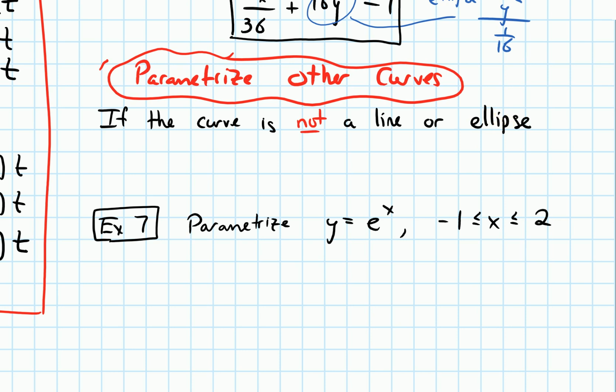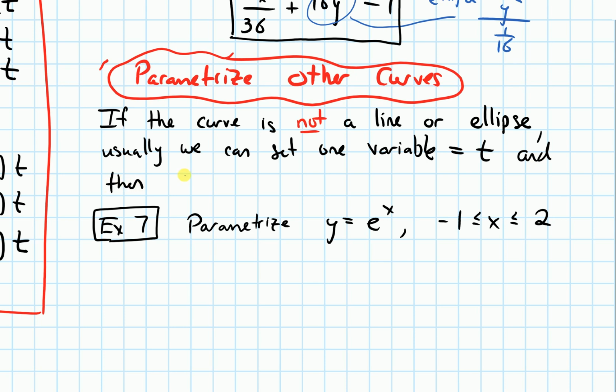So if our curve is not one of those, usually we can set one variable equal to t, and then get the others, usually by doing some quick algebra.